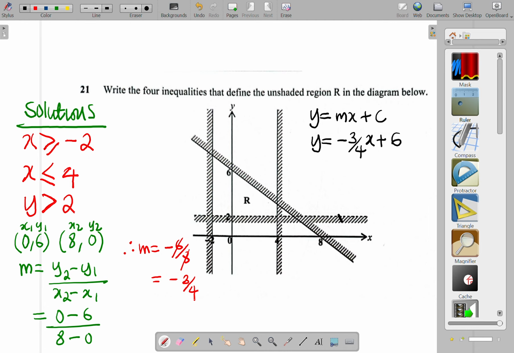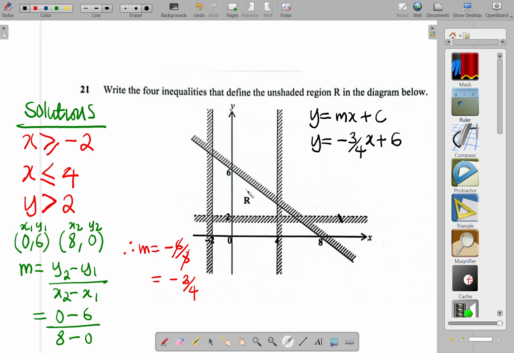Now, where am I going to shade? Take note, where is the clear region lying? The clear region is lying on the downside of this line. That simply means we are going to say y is less. The clear region is on the downside.